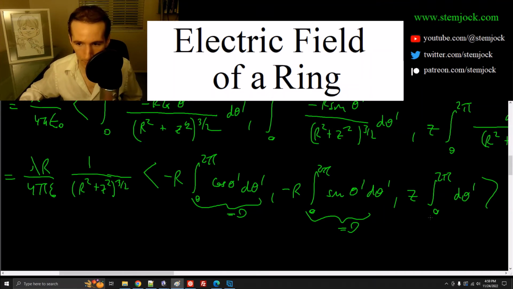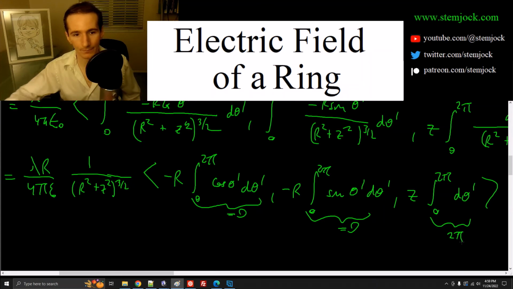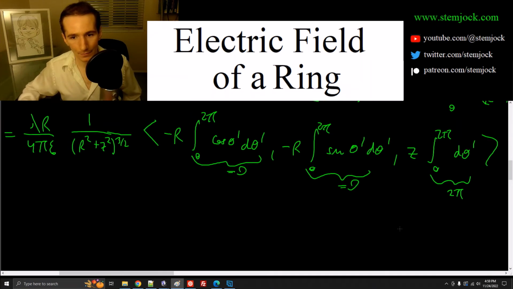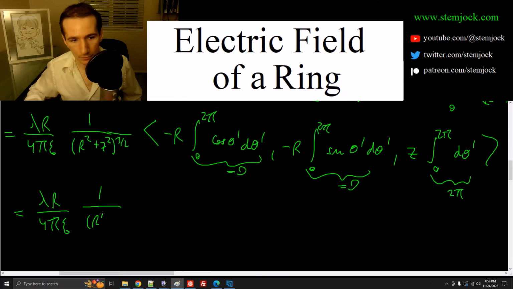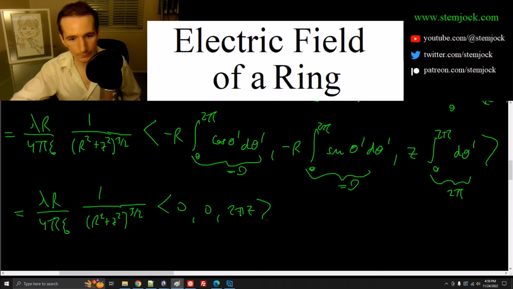And this integral here is just 2 pi minus 0. That's just 2 pi. So this is 1 over r squared plus z squared to the 3/2 power, and 0, 0, 2 pi z. And I can bring the 2 pi z out in front.